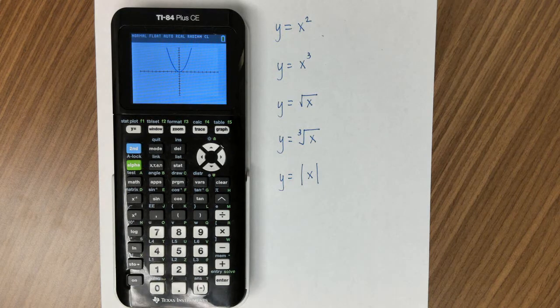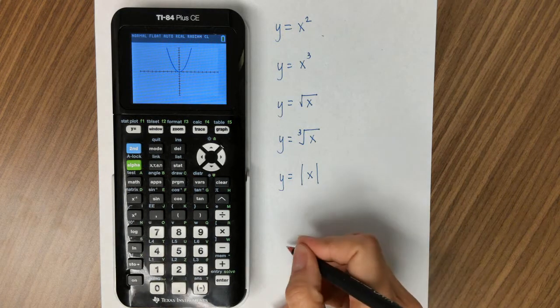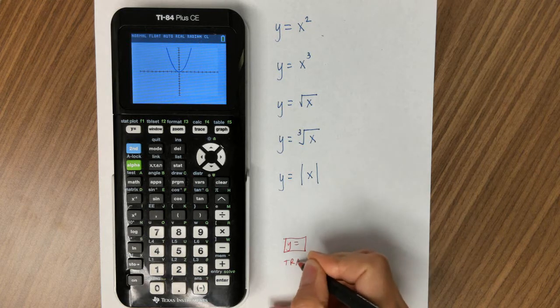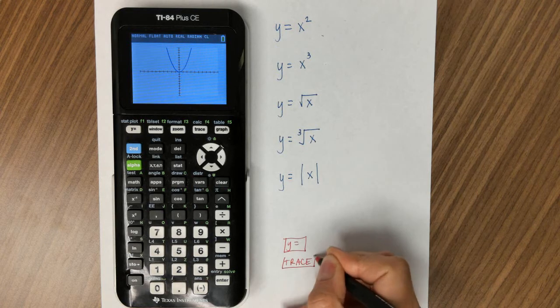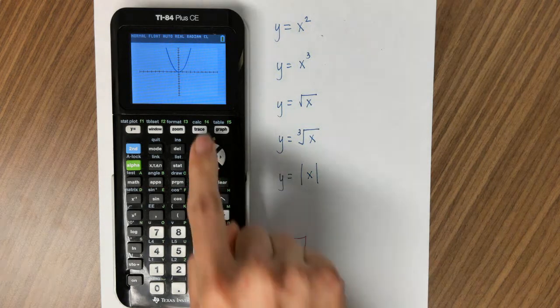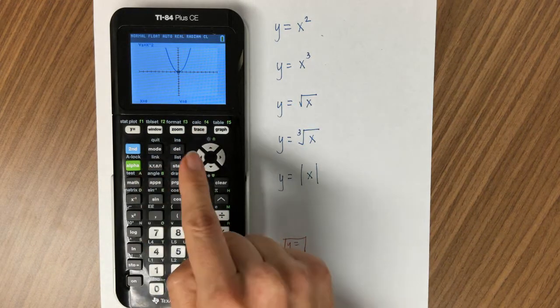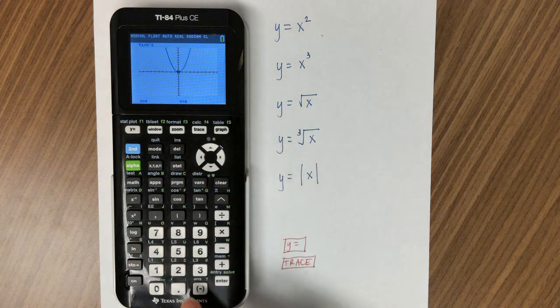And remember that we can use the trace button, which is right here, to identify points on the graph if we want. We'll type in an x, and then our calculator will spit out the corresponding y.